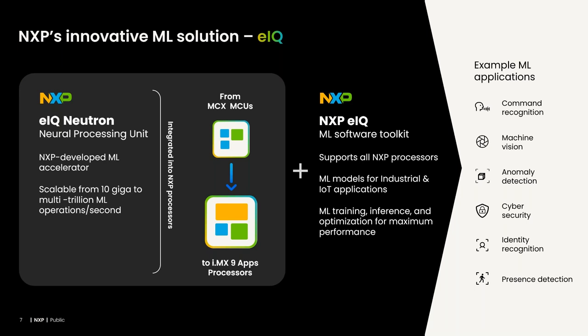And that starts from our MCX MCUs with MCX N plus the neural processing unit, but also all the way up to i.MX 9 application processors. With this kind of scalability, we're really trying to pair a suitable hardware integration with a targeted use case for machine learning here, so that you can do everything from multi-object detection or recognition to time series data, for example, or anomaly detection at the edge.